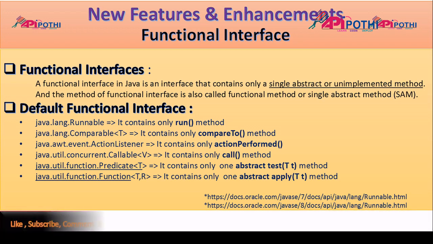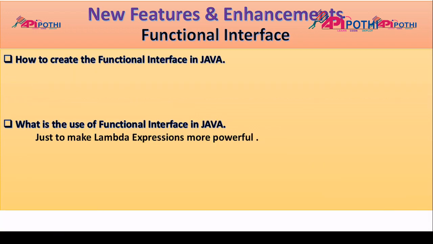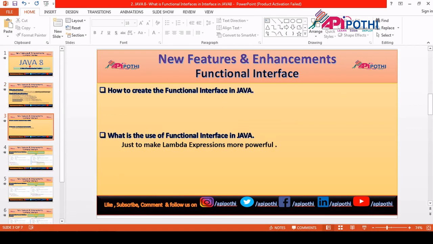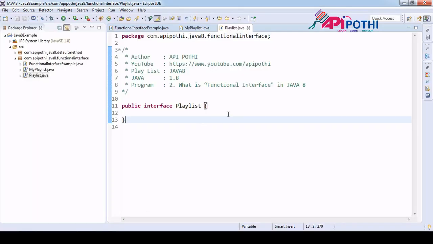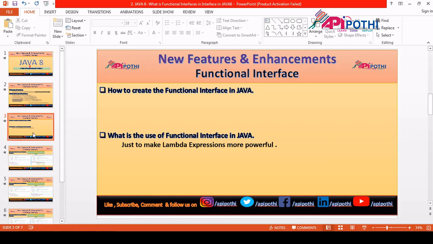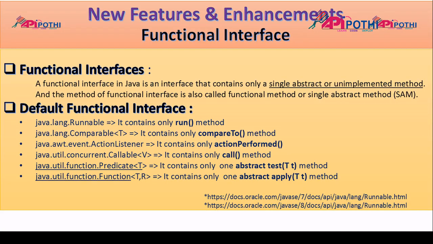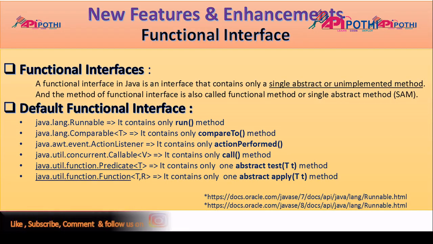Now the question is how to create a functional interface in Java. To create a functional interface, the definition is very straightforward: an interface which has only one unimplemented method. And second thing is that in this definition, they are not talking anything about implemented methods.